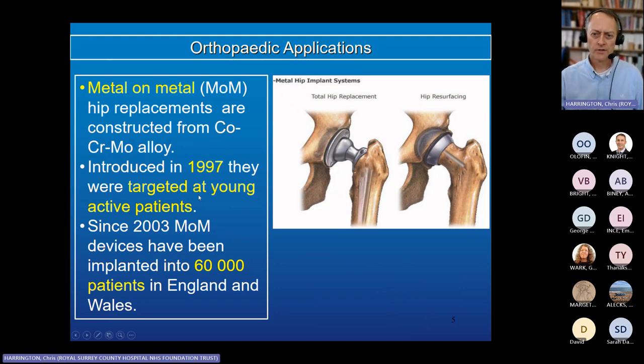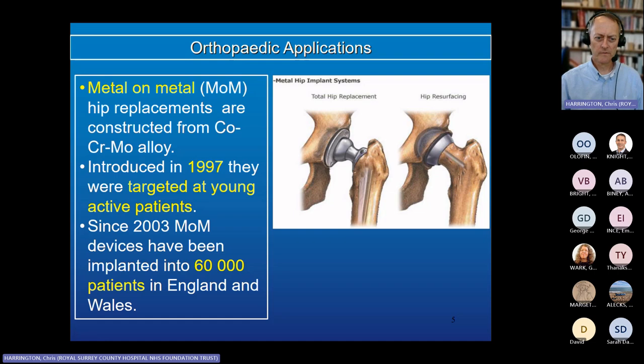So I'm sure you've all come across hip replacements. They're pretty common now to alleviate pain and help people with their mobility problems. These so-called metal on metal hips are constructed from cobalt, chromium and molybdenum, and they were introduced quite a long time ago now. They were really targeted at younger active patients because they worked alongside plastic hip replacements.